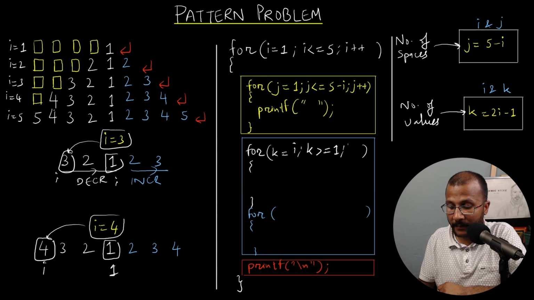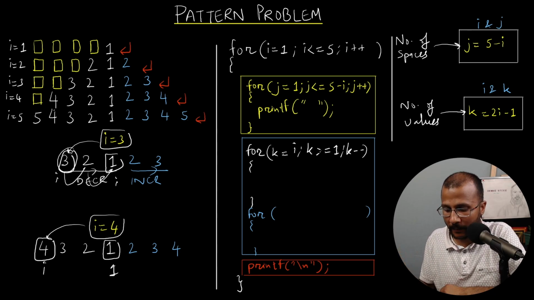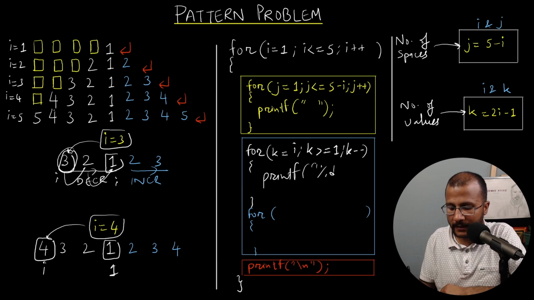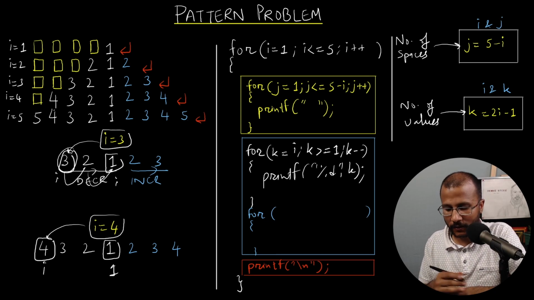Each time I'm decrementing the value of k by 1. From 3 it becomes 2, from 2 it becomes 1. Then I simply write printf, I have to print the value k, %d, and this is k. Very simple, right? So this will take care of my decrementing values.